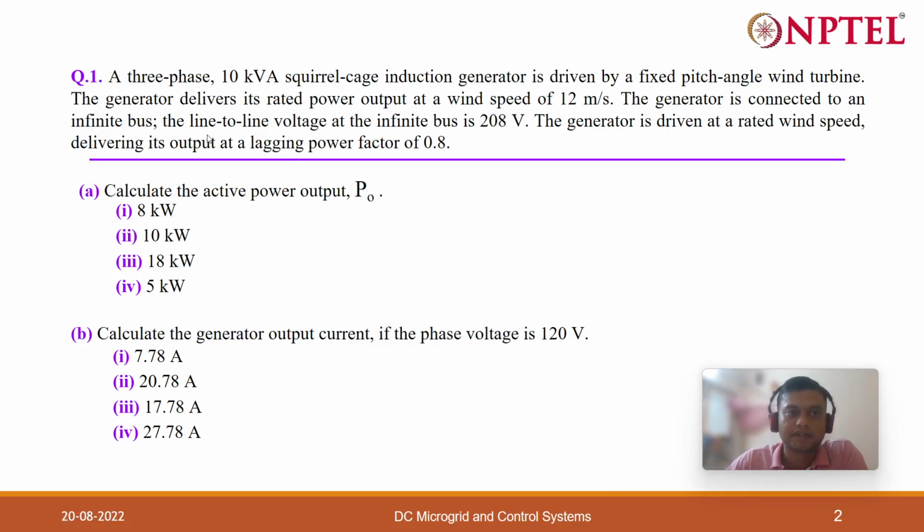The generator delivers its rated power output at a wind speed of 12 meter per second. The generator is connected to an infinite bus. The line to line voltage at the infinite bus is 208 volt. The generator is driven at a rated wind speed, delivering its output at a lagging power factor of 0.8. So calculate the active power output.